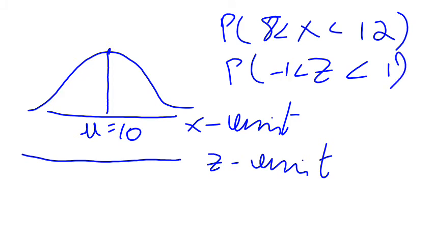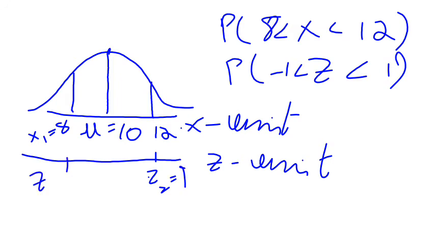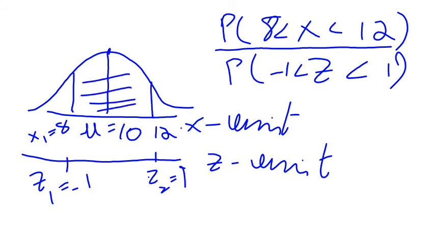So x is 12, so 12 would be somewhere here and 8 would be here. So you can say this is x1, this is x2. Corresponding to this, z2 was 1 and z1 was minus 1. So we want to find the area between x 12 and 8, so we need to find this area.